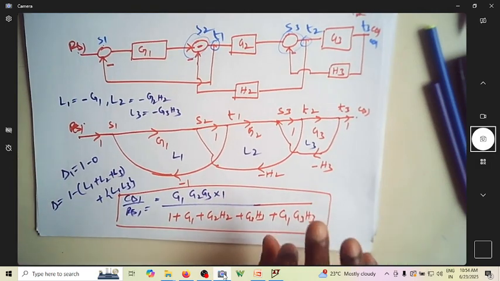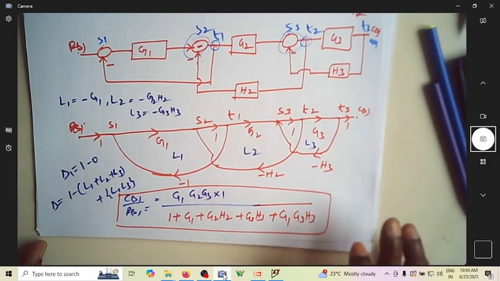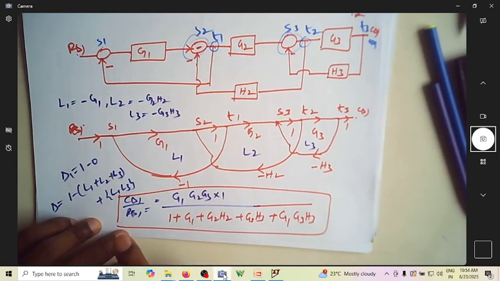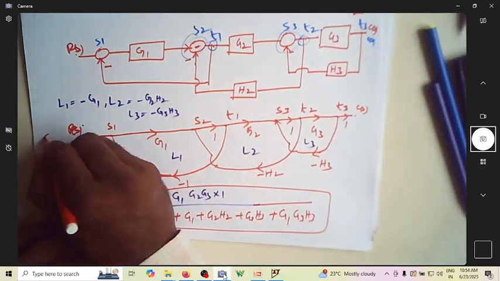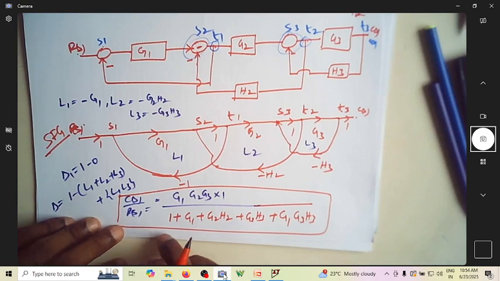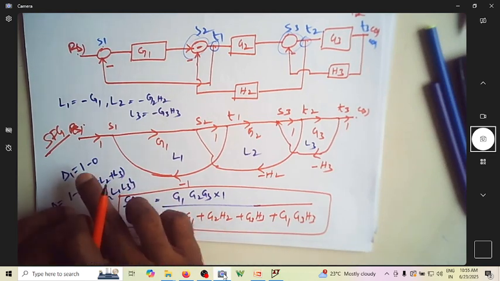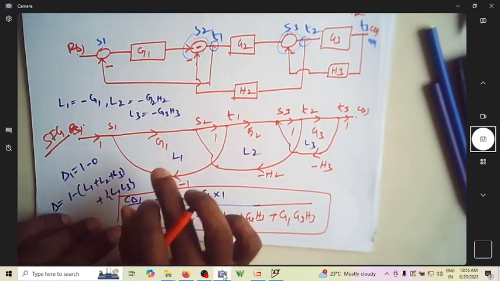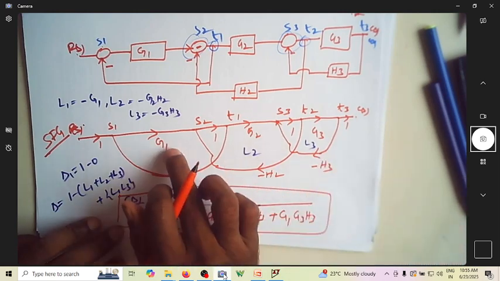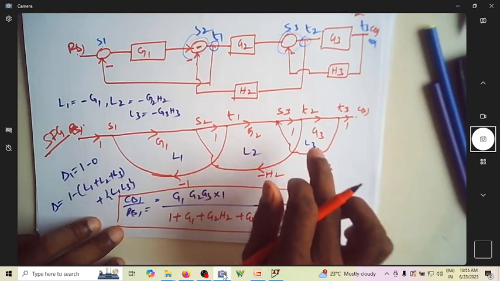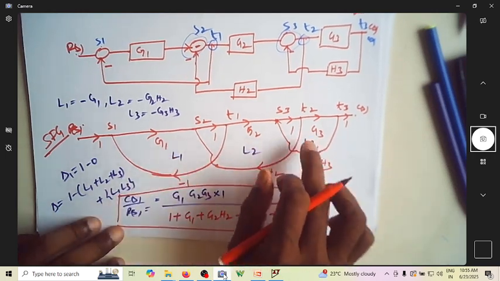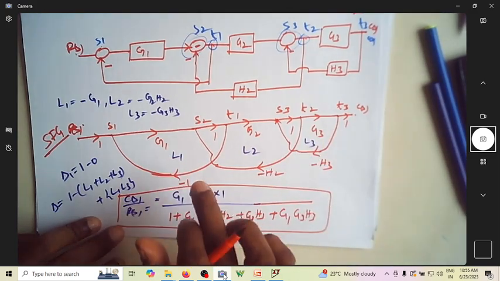You know, it has become so easy to solve the transfer function of such a block diagram using signal flow graph, because it involves just identification of takeoff and summing points, and properly identifying the loops. See, L1 L2 touches, L2 L3 touches, whereas L1 L3 doesn't touch. What do you mean by touching?